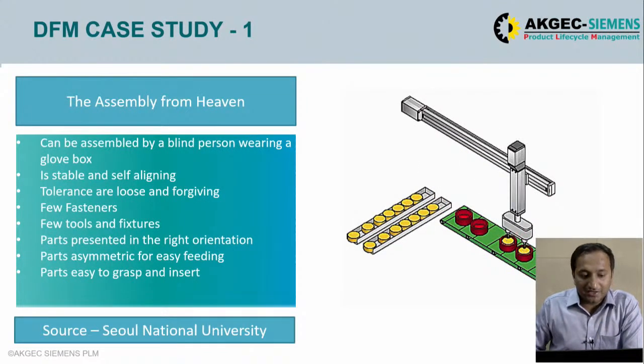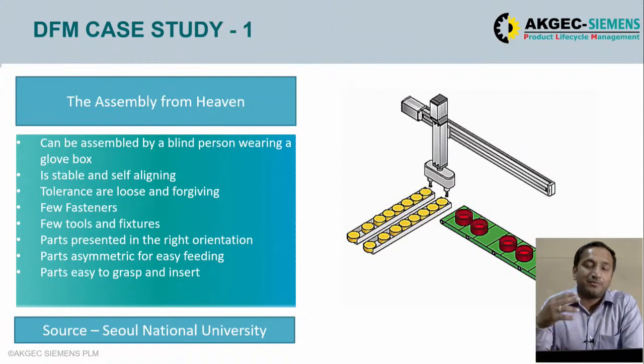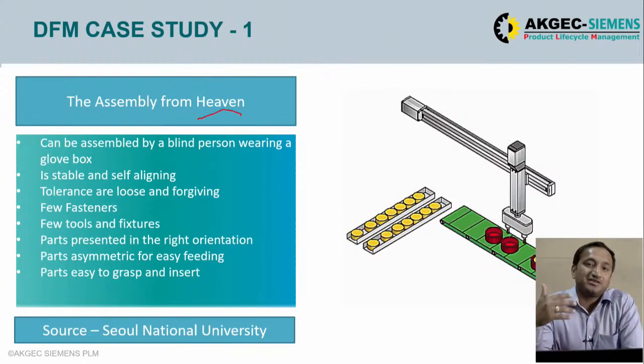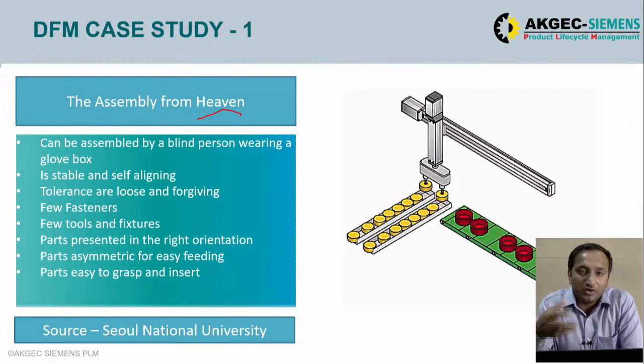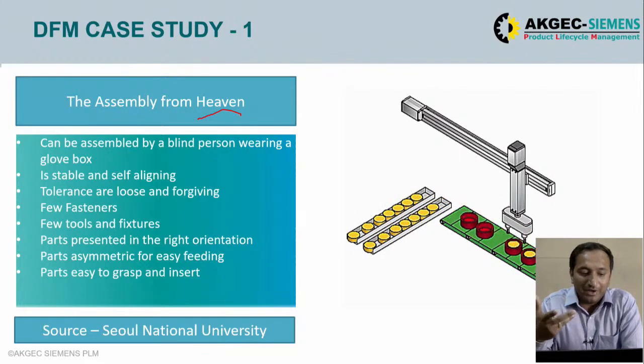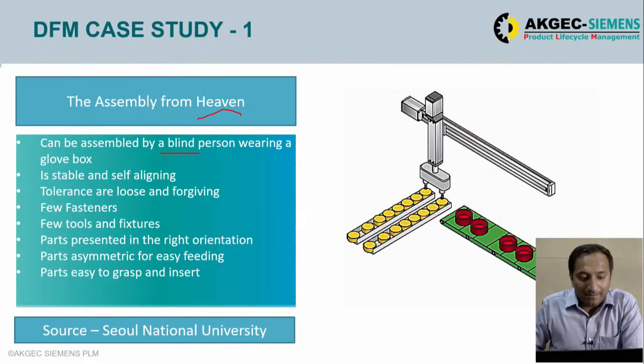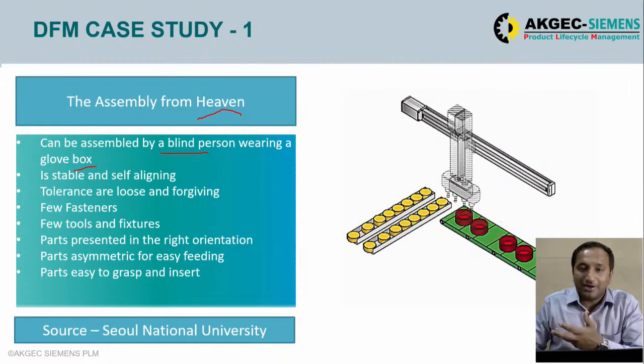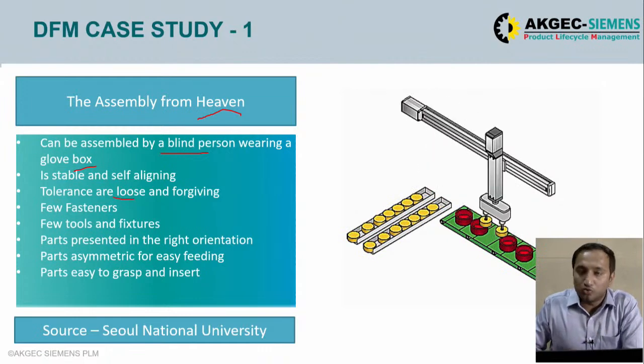The first case study, we want to see what kind of assembly we need. So, assembly from heaven. Assembly from heaven essentially means the product can be assembled, for example, by a blind person wearing gloves. It's stable and self-aligning. Tolerances are loose and forgiving.